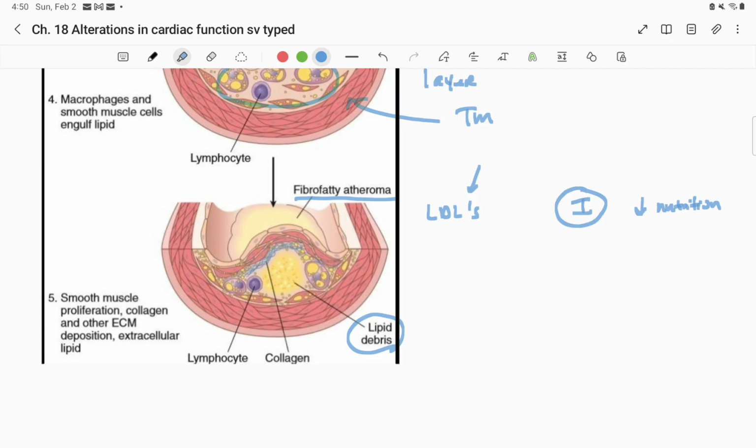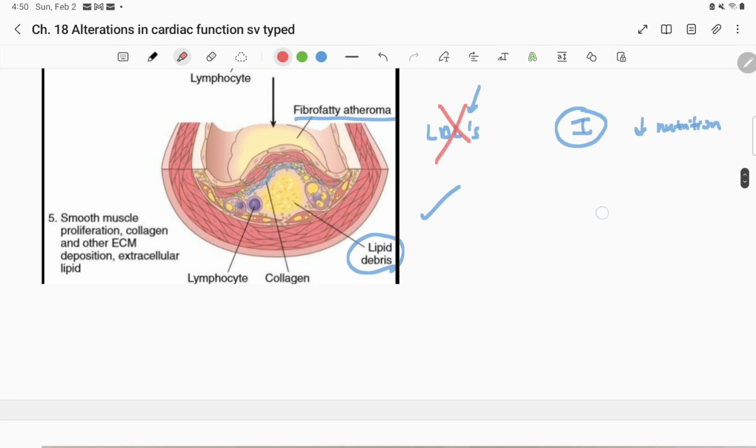And as time goes by, it creates damage to the tunica intima and it leads to this. Okay, so that's actually what's to blame. But for forever, we've been blaming simply the LDLs. That's the bad cholesterol. It's like, well, they're actually just doing their job.